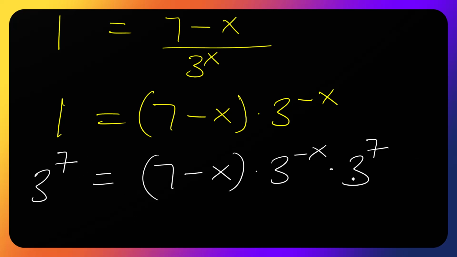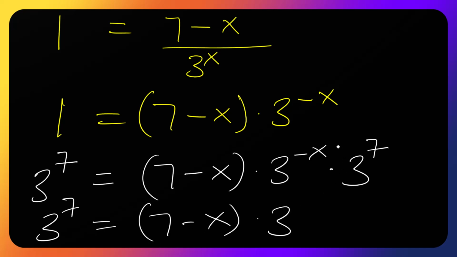When we perform the indices here, this side will be 3 to the power 7 minus x, so we have this one and what is behind being equal, so we are free to go.